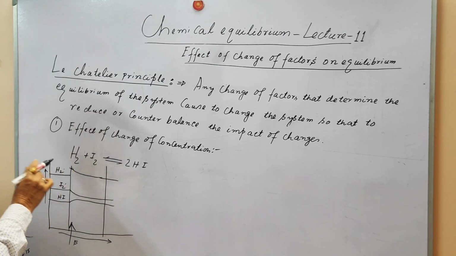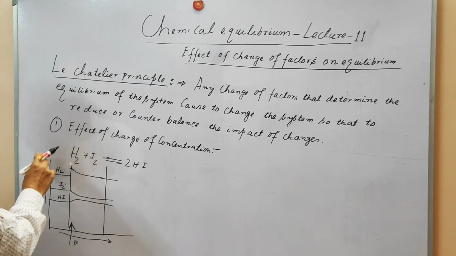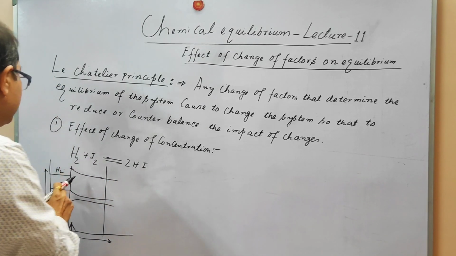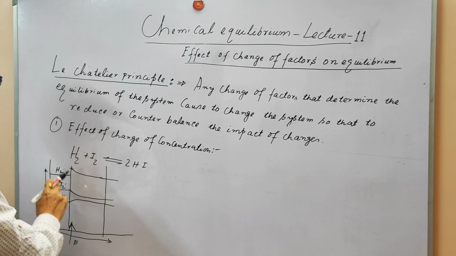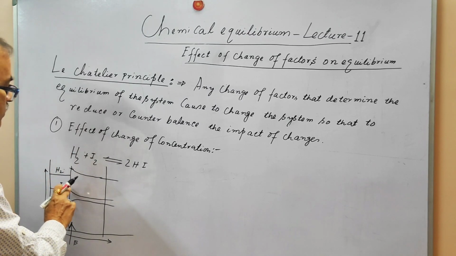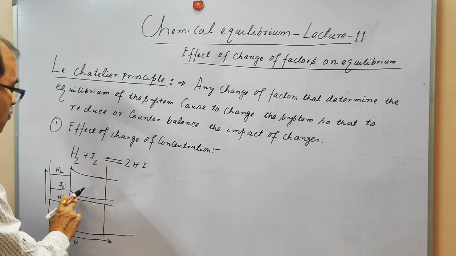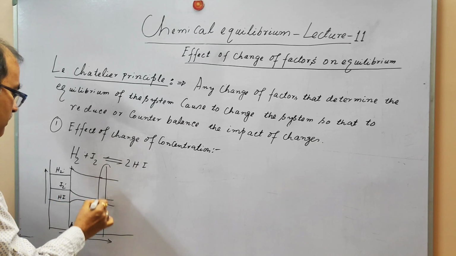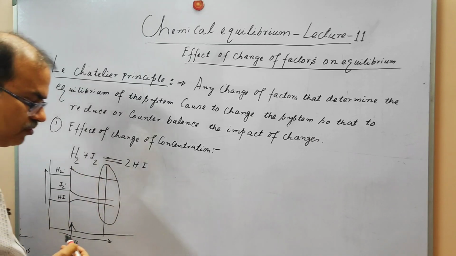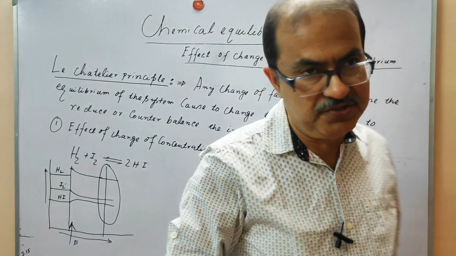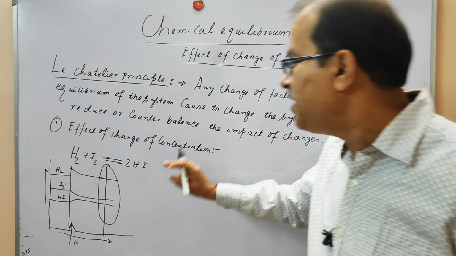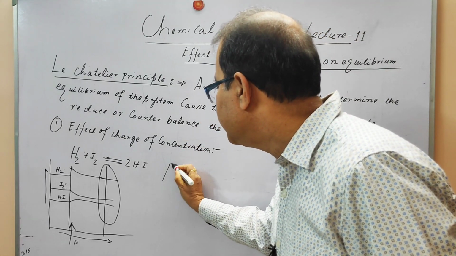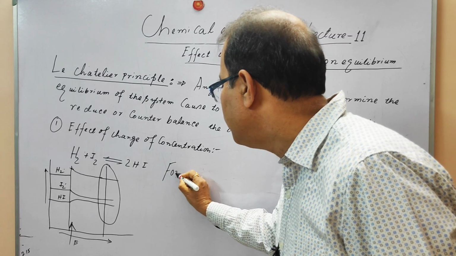The net reaction will proceed in that direction where the hydrogen will be consumed, and that can only happen when hydrogen reacts with iodine, and more hydrogen iodide will be produced, and the concentrations in the equilibrium mixture will change. So in this case, when we add the hydrogen, there is a forward reaction on the way.